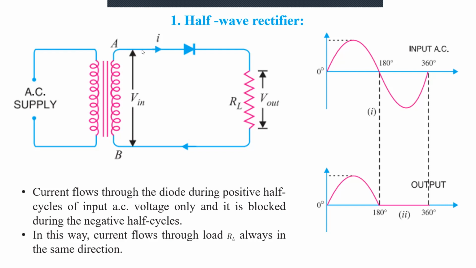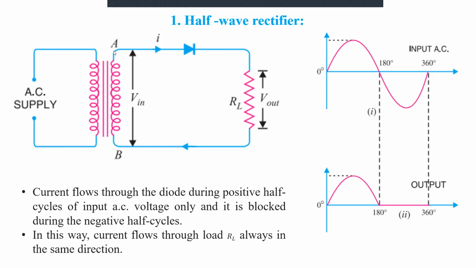When this positive terminal is connected to the P region of the diode, the diode becomes forward biased. When the diode is forward biased, it conducts electricity, so current passes through the diode and through the load resistance, flowing from the top end to the bottom end, in the downward direction in the circuit.